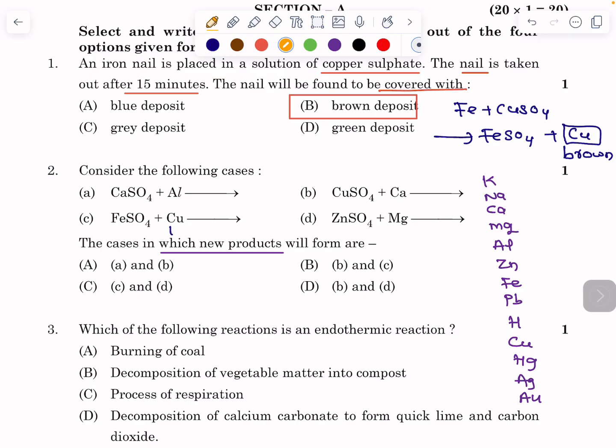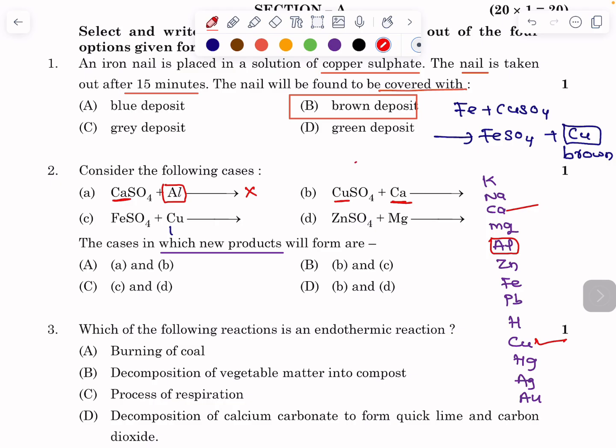Now see here we have aluminium. Compare the reactivity of aluminium with calcium. Aluminium is less reactive than calcium, so the reaction does not take place. Here you compare calcium reactivity with copper. Calcium is more reactive than copper.